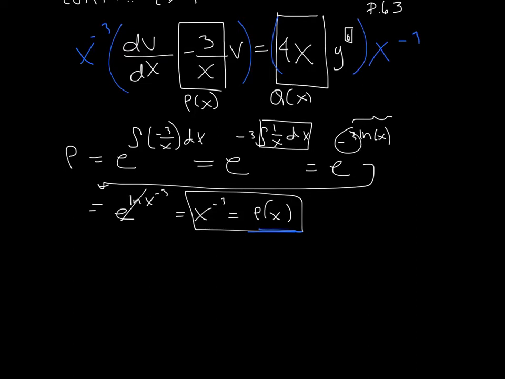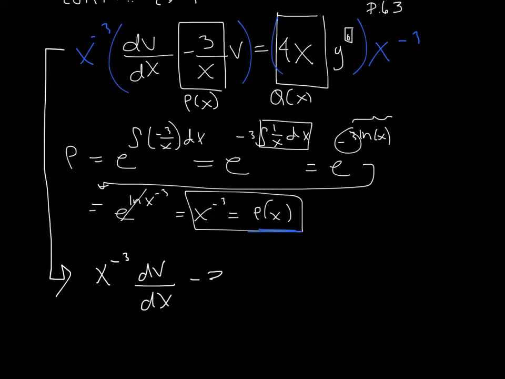And after distributing our integrating factor to each term, and using some algebra, just some law of exponent rules, we obtain x to the -3 dv dx minus 3x to the -2 v equals 4x to the -2. Again, I'm just using some law of exponent rules.